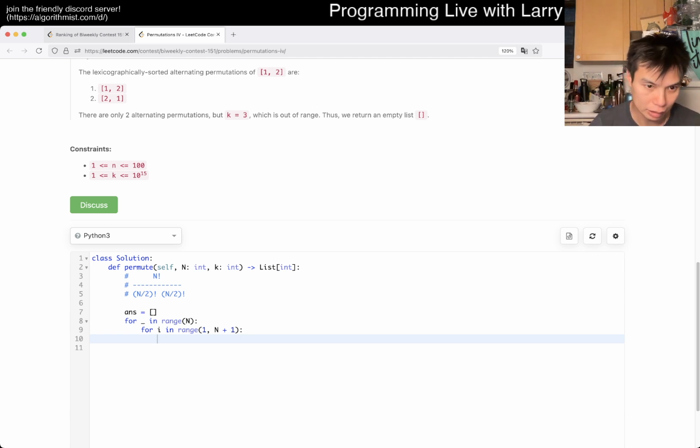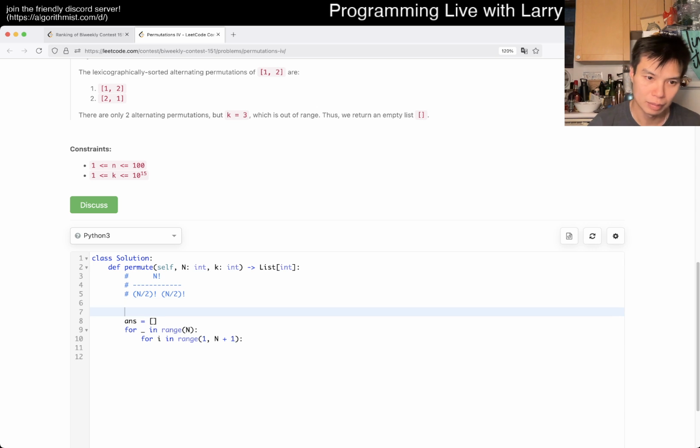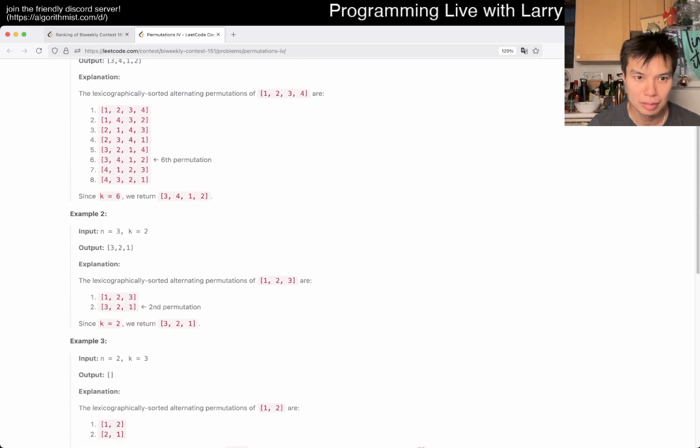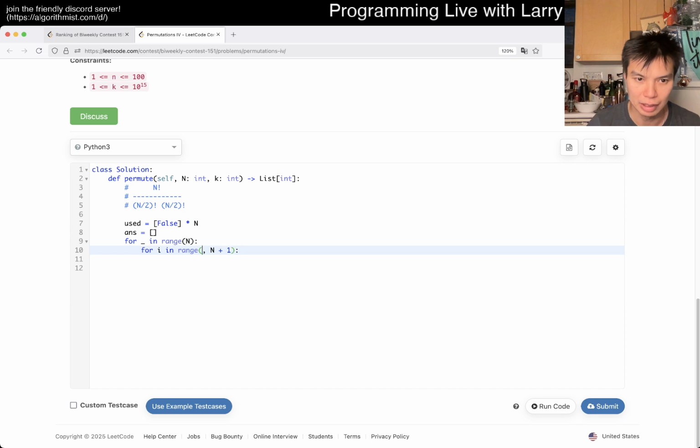So here we have some function that's count. I just give it a 0 index. I think actually it doesn't matter. And then if not used i, then we want to try it, right?